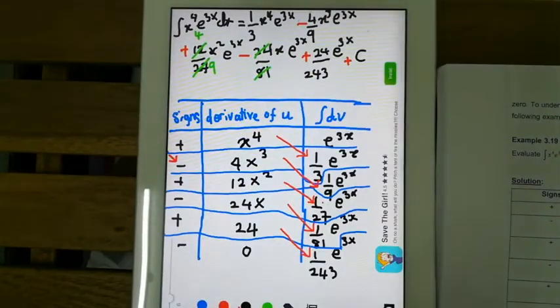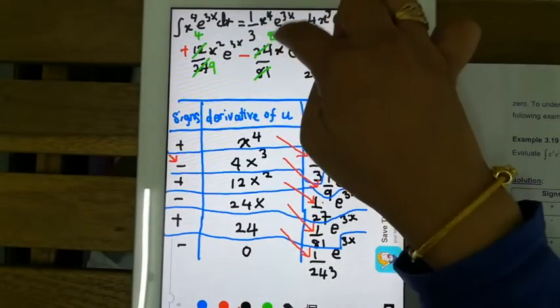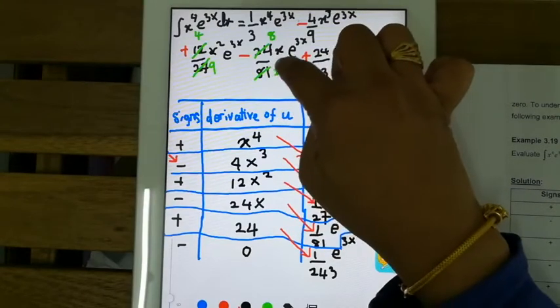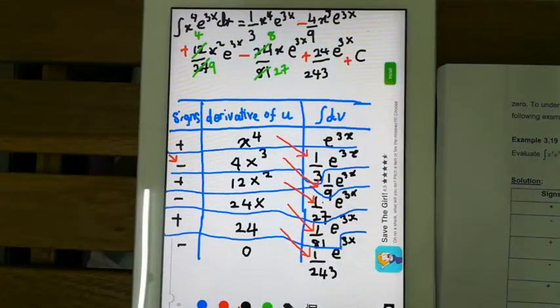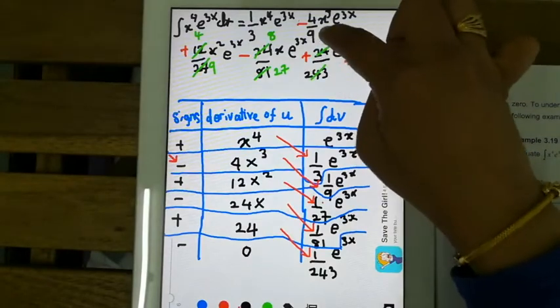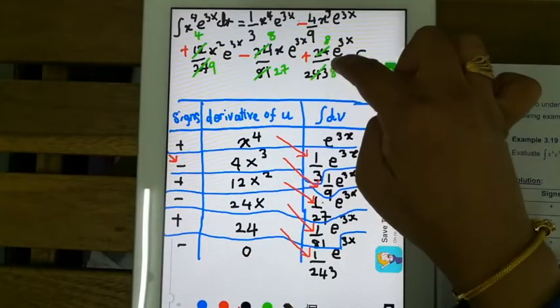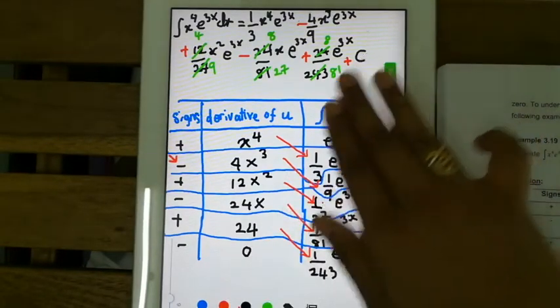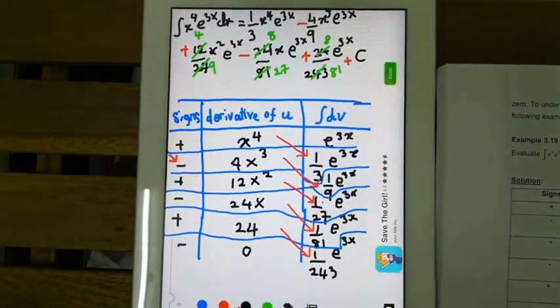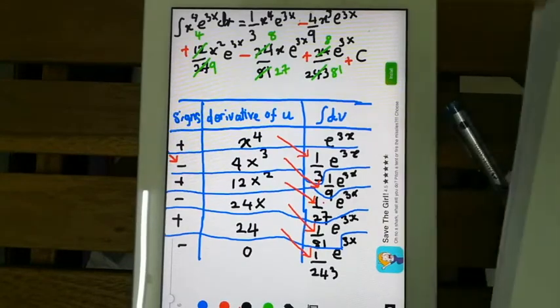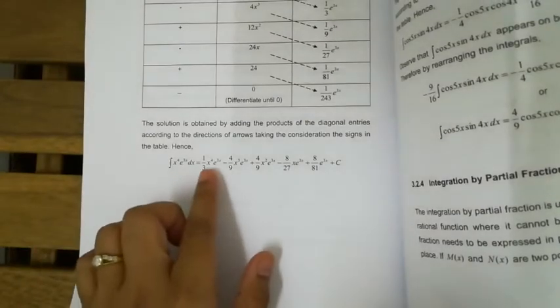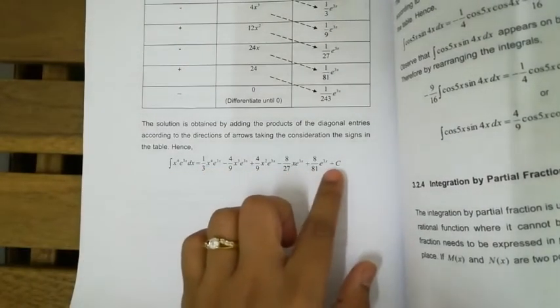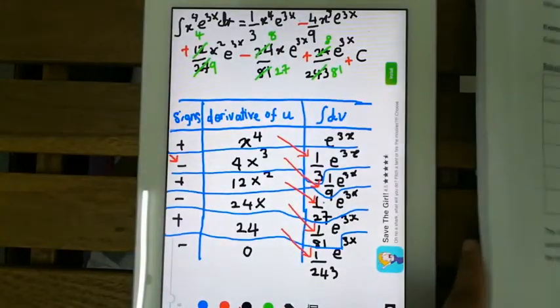It will become 8 over 27, and finally this one will become 8 over 81. I'm not going to write down the full answer here because you can refer to your module. If you have it with you, your final answer will be exactly the same as my answer here.